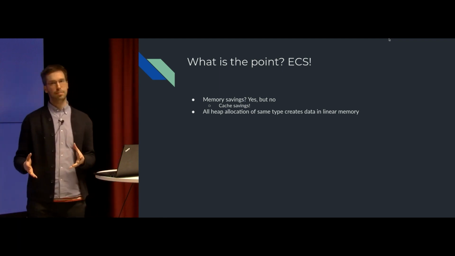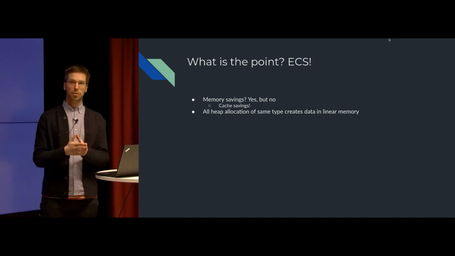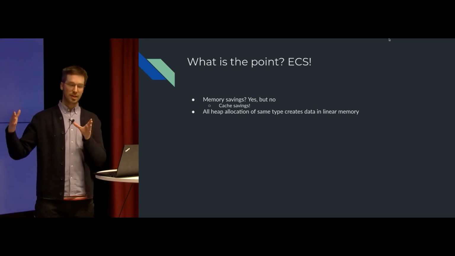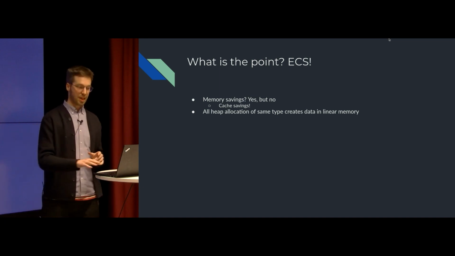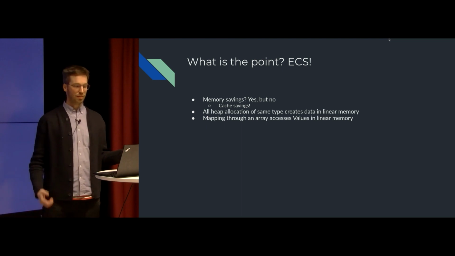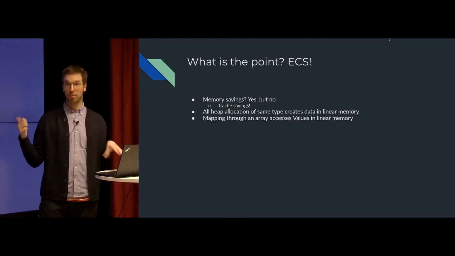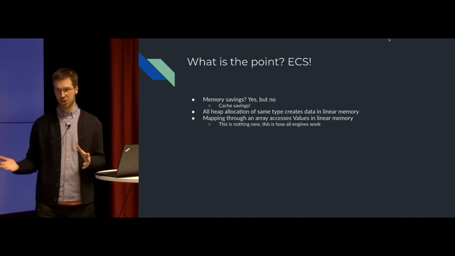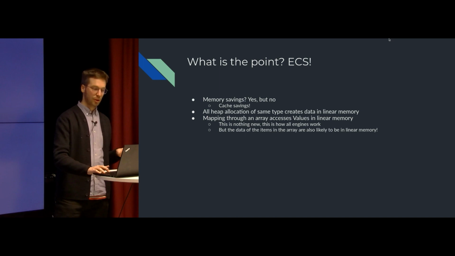So all our heap allocations, whenever you allocate on the heap, it's going to be in linear memory with data of the same type created at basically the same time. Mapping through an array is just accessing values in linear memory. And this is nothing new. Every engine does this because, of course, you're going to do your array as a vector.